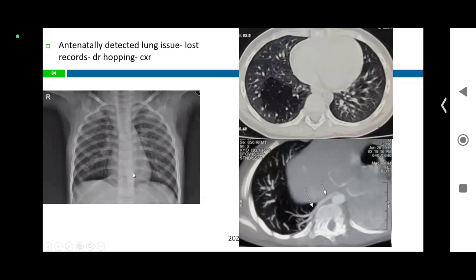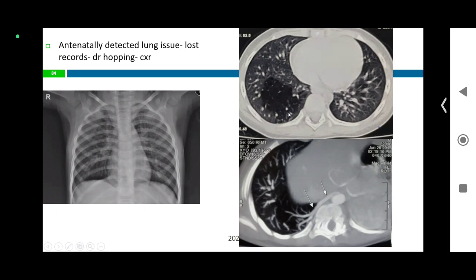Everywhere. Okay, what is this? This child had an antenatally detected lung problem, but an X-ray may not pick up a sequestration many a time. The X-ray may just show some amount of air trapping here, but look at the CT. In a child in whom you suspect a sequestration, you should always ask for a CT angio because you need to know the feeding vessel.